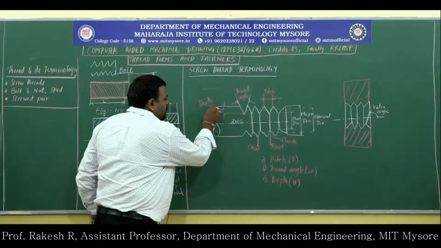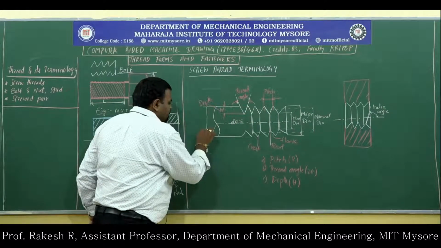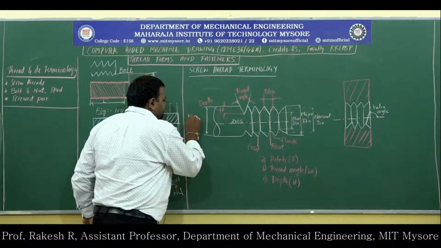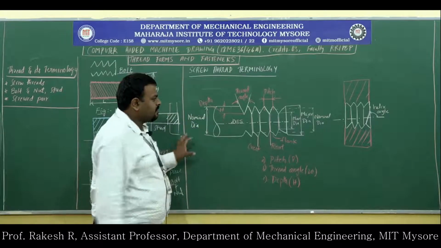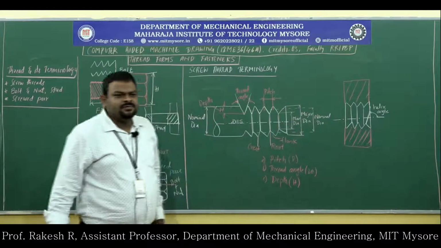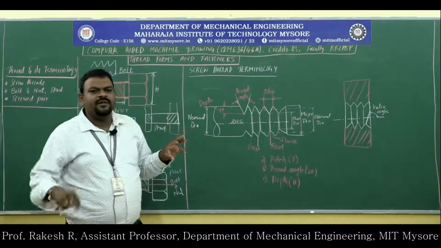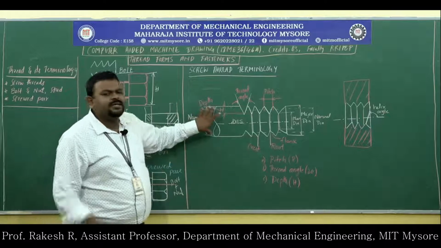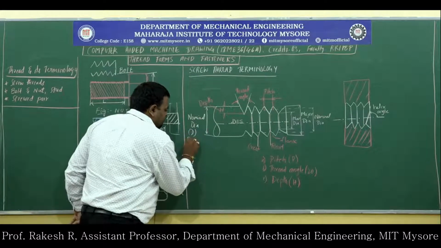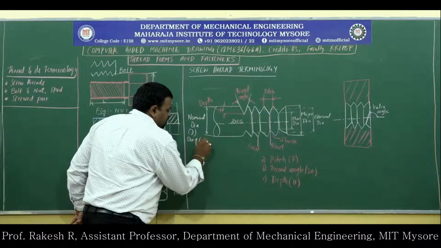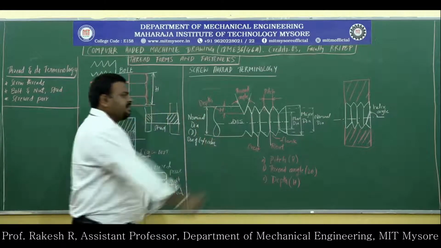So this is nominal diameter. We will call it D. The same is shown here. So if I say nominal diameter, it is the diameter of the cylinder.